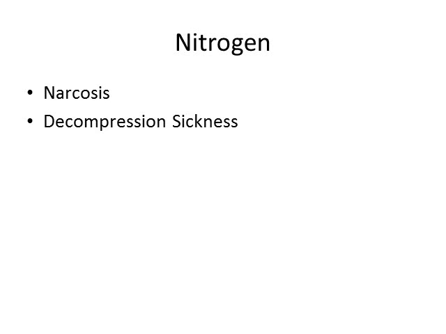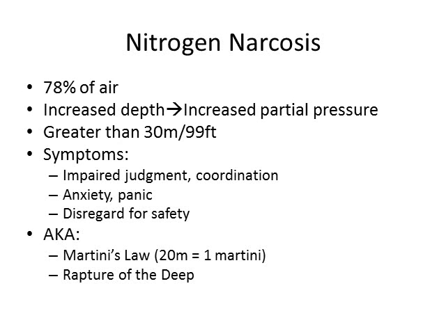The final topic that we'll discuss in relation to descent is nitrogen. Nitrogen can produce two things: narcosis and decompression sickness. In discussing nitrogen narcosis, it's important to understand that 78% of air is composed of nitrogen.